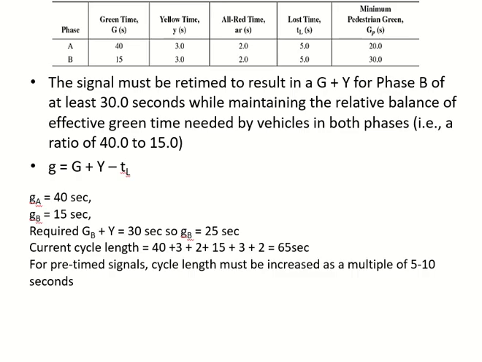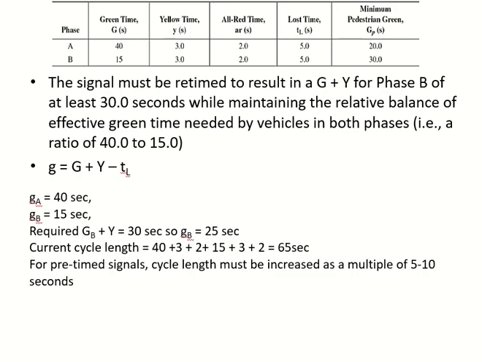Now this time should increase with the same proportion as you have increased the green time of phase B. Now the old green time of phase B: if I calculate the old effective green time of phase B, I'll use the same equation on the old times.